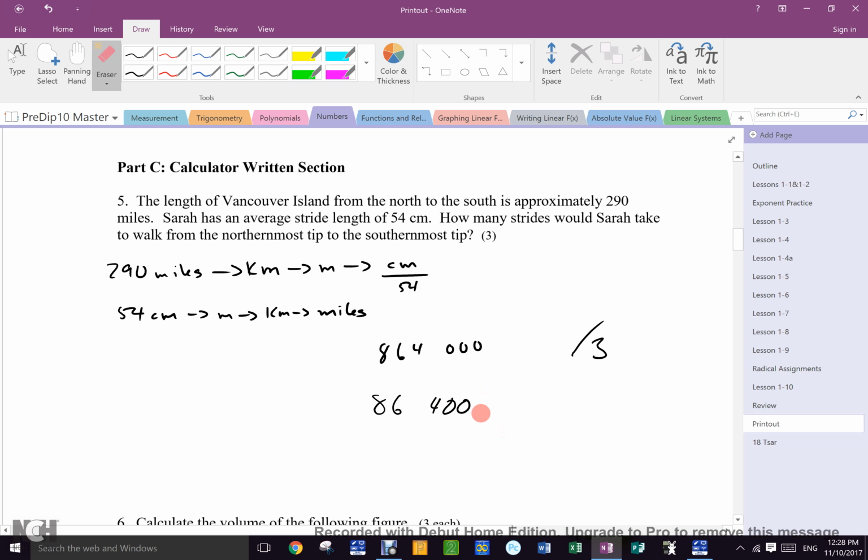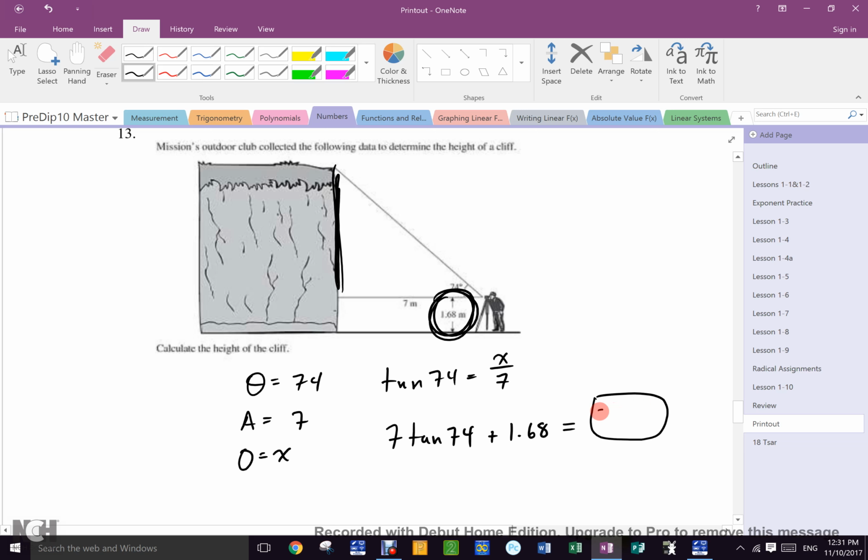Your answer is 21.5, I believe. No, it's 26.6. Oh, 26.09, right. 26.1, yeah. That's fine. The other class never had sine law as an option.